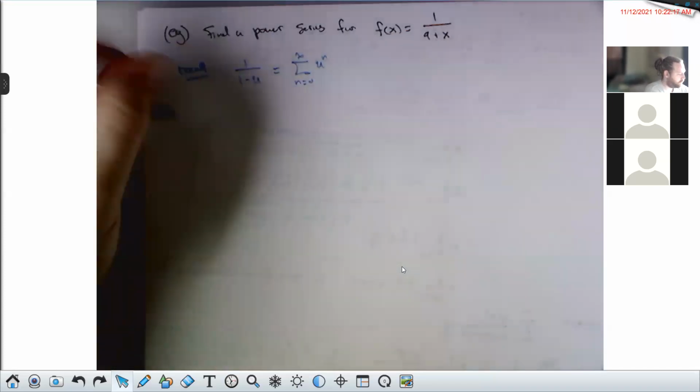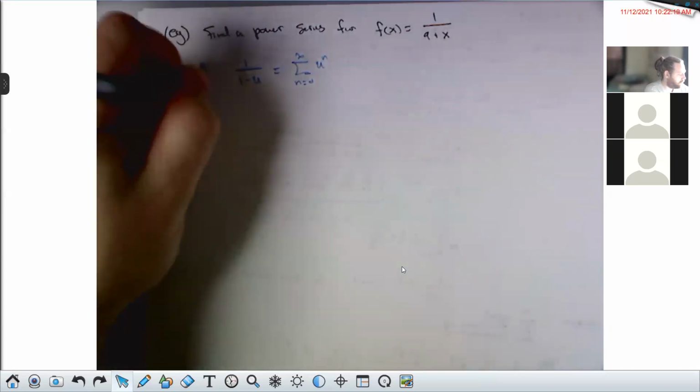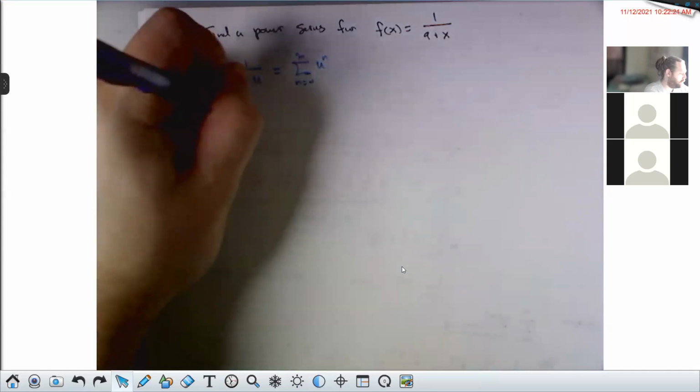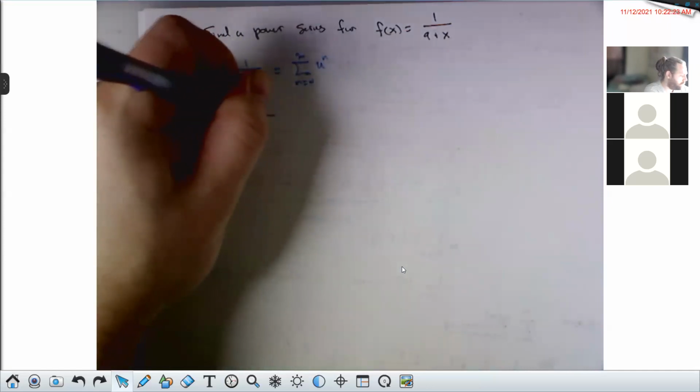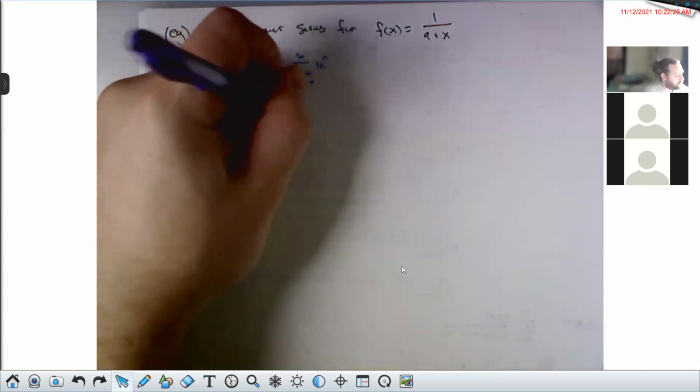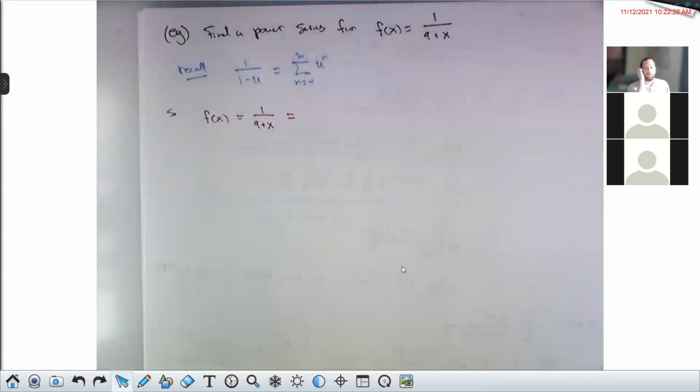So f of x, which is 1 over 9 plus x. Who can help me push this into the form 1 over 1 minus something? I want to make this look like this. What can I do to do that?